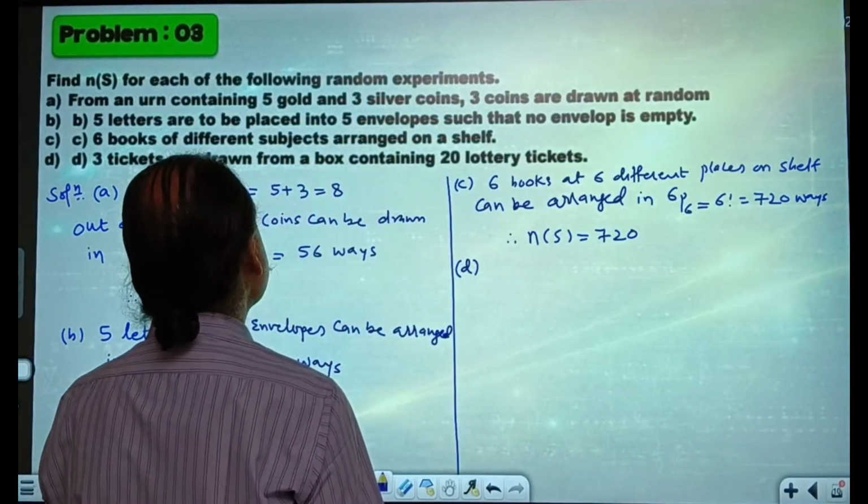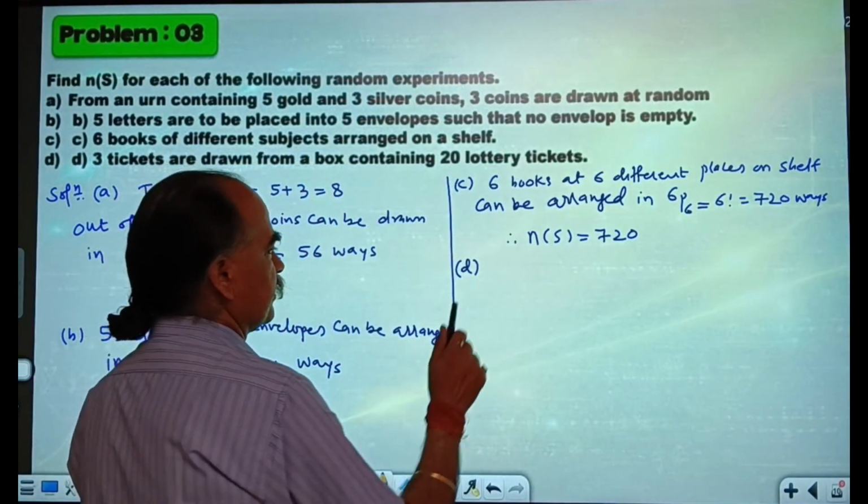Three tickets are drawn from a box containing 20 lottery tickets.